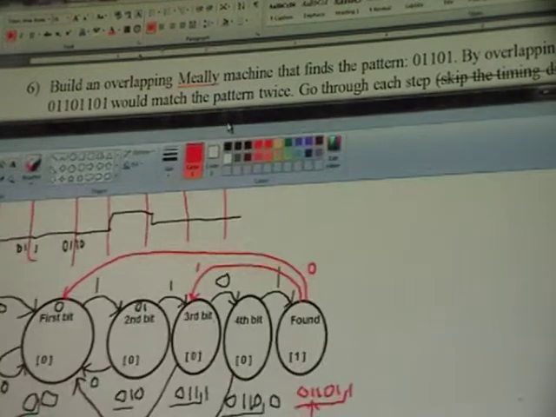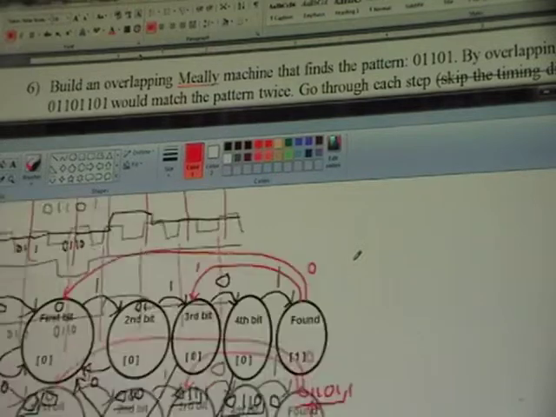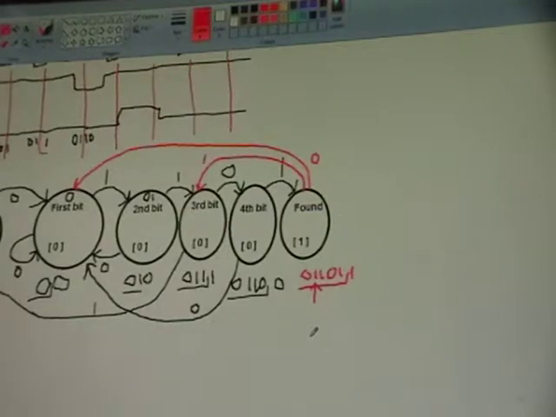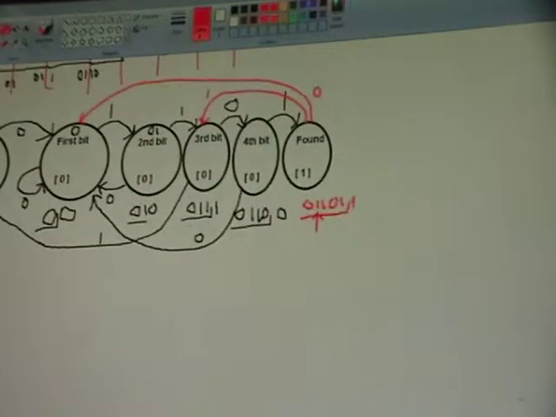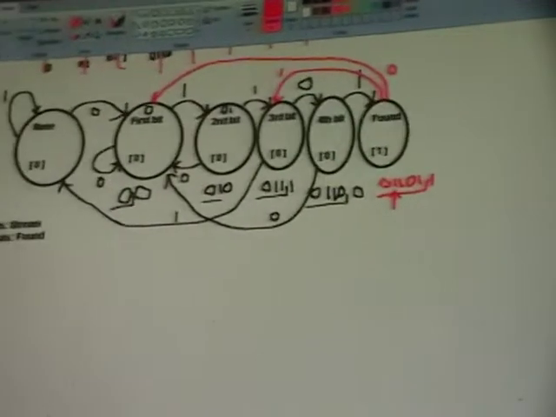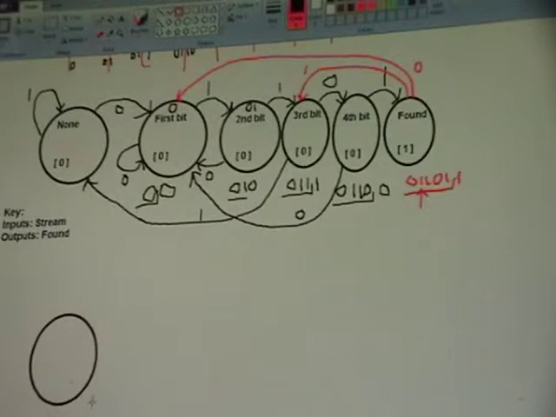Instead of drawing the timing diagram right here, now we're looking for the same pattern except with a Mealy machine. So let's just do the state transition diagram for this. That's cut off a little bit. Alright, so let's use the same key and okay, we're going to have some states.